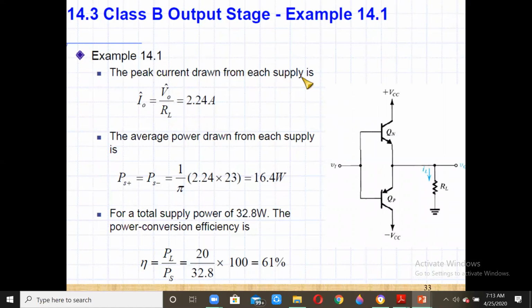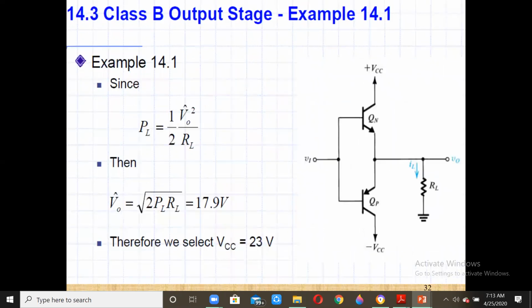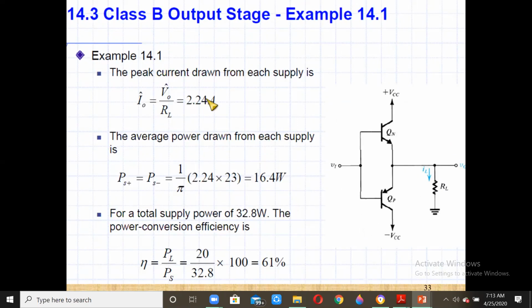The peak current drawn from each supply will be I naught equal to V naught by RL, and with V naught as 17.9, if you substitute, you will get 2.24 amperes.